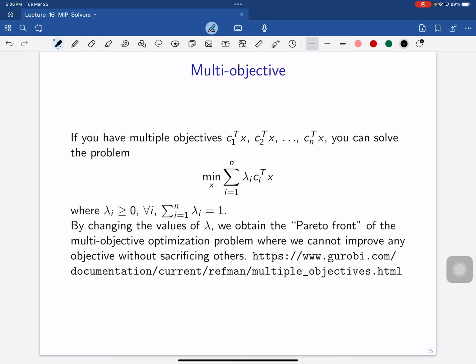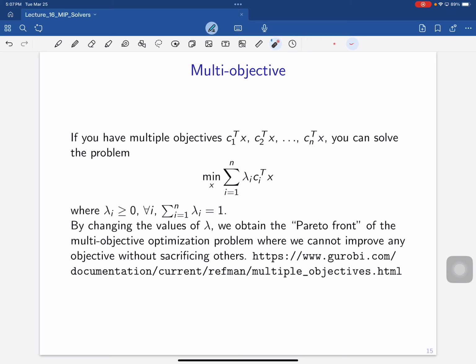So in that case, what people typically do is to find the so-called Pareto optimal. The Pareto optimal can be found by, let's say you have n objective functions, you can take a convex combination of those n objective functions, right? Lambda is a weight you assign to a given objective.